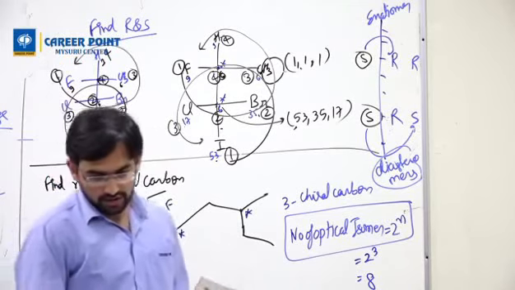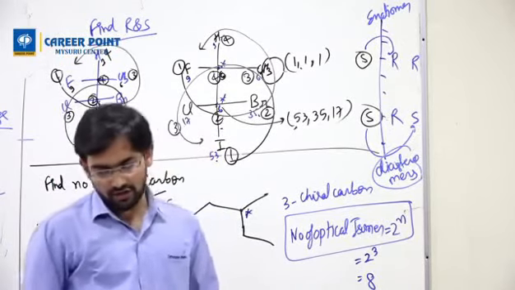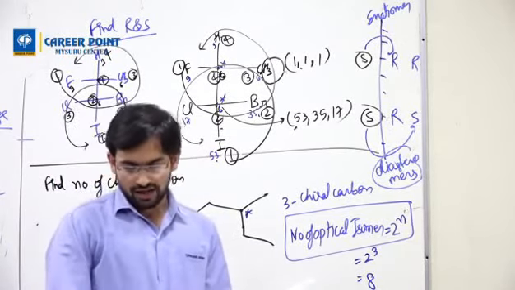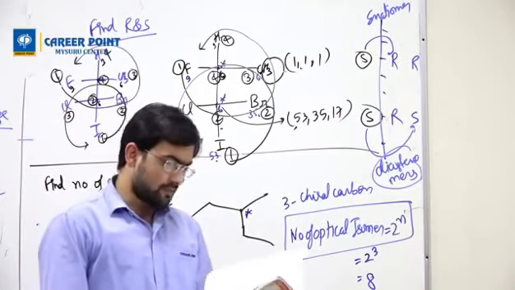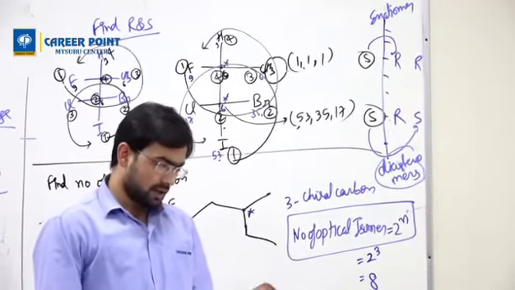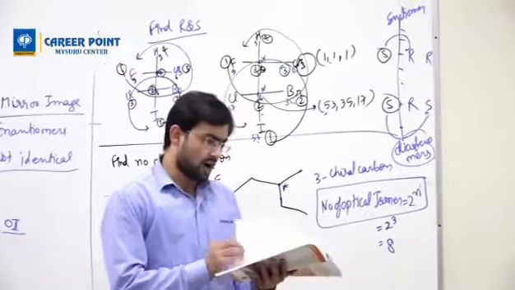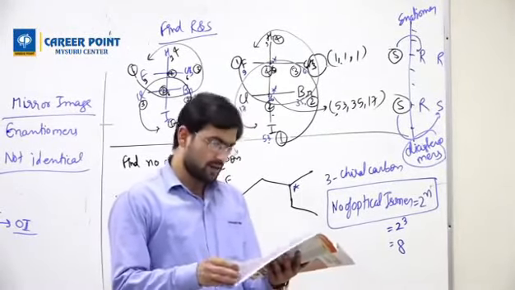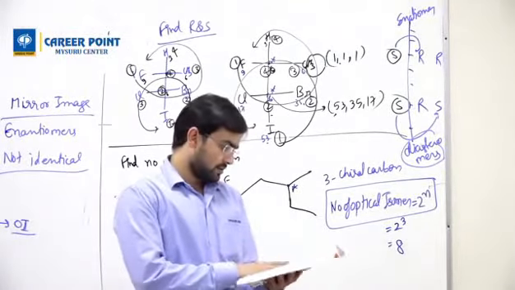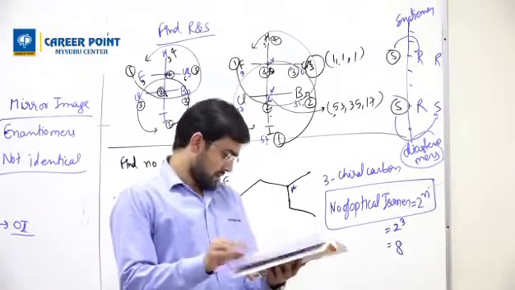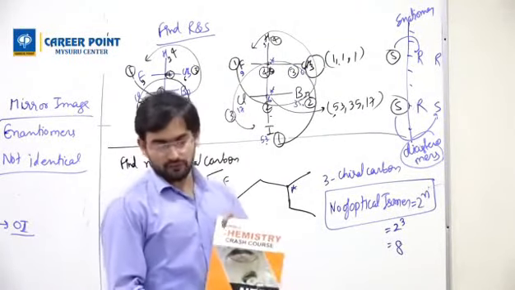Okay, any doubt? Right, have all the doubts finished now? So next, our assignment today. The next chapter is isomerism, and it starts from page number 32, module 2.